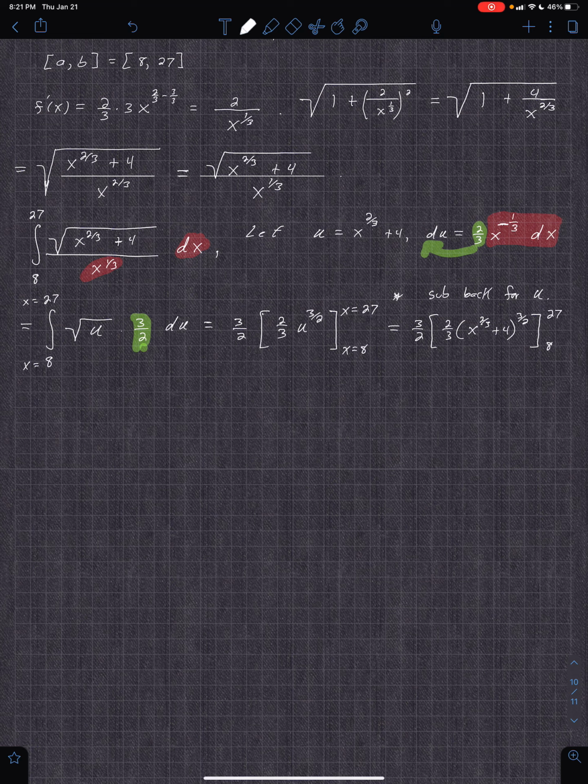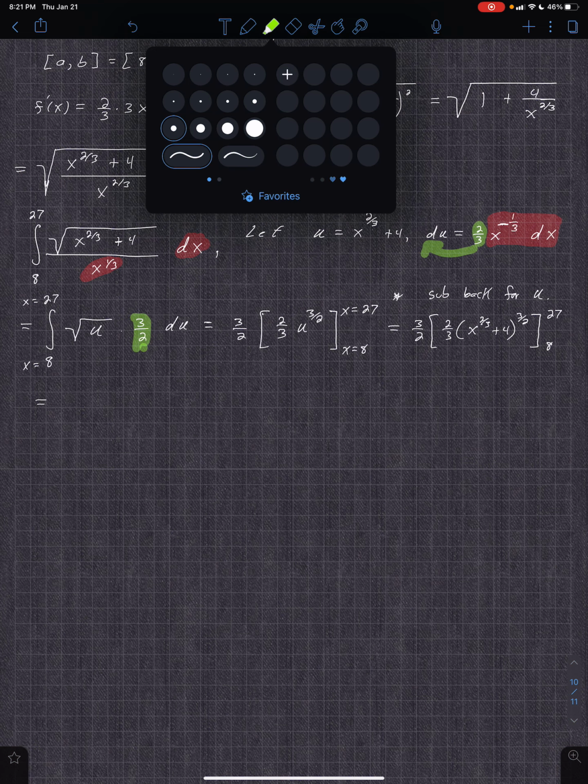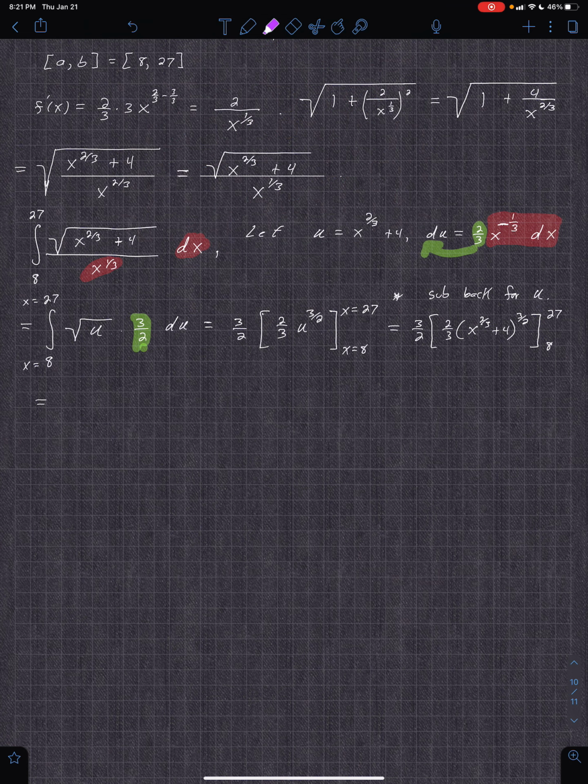All right, so then that equals, let's see, oh, the 2/3 can come out. So this is just 1. Let's do a little highlight here. So that constant comes out, and so that's just 1, right?